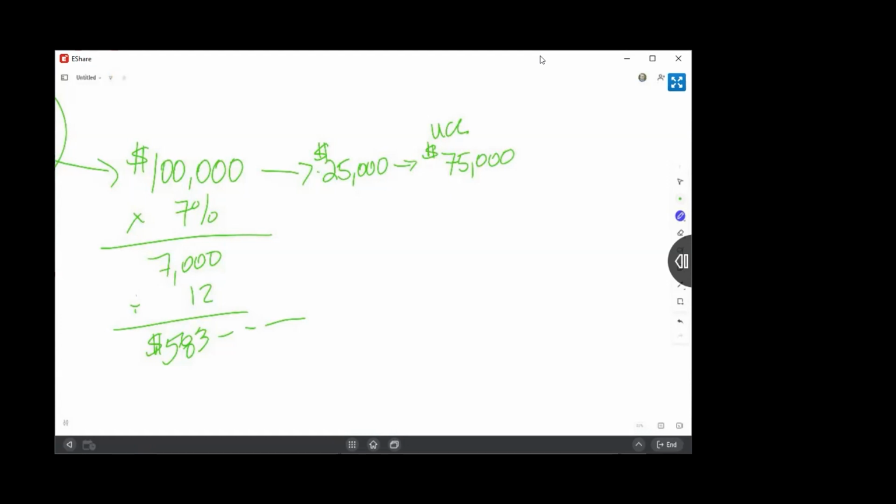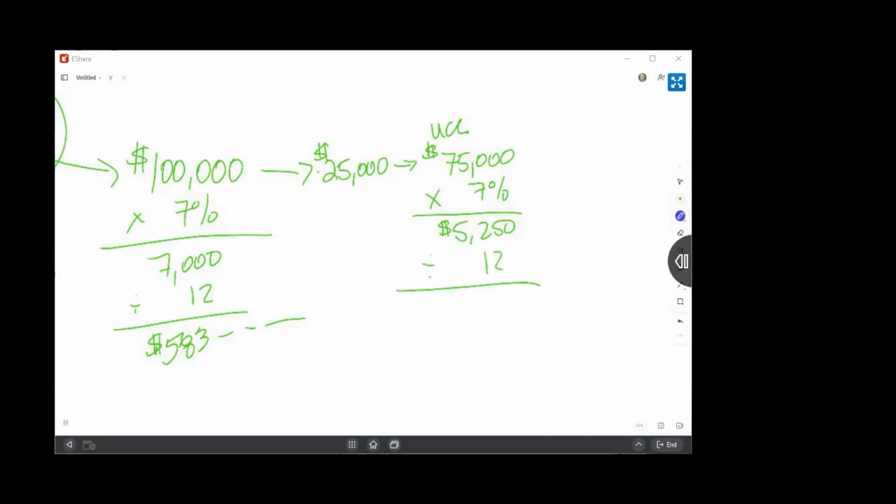All right. So now we have this $75,000, and the $75,000 at 7%, because we have this 7% preferred return that we're spinning off of, is now going to be $5,250. So you take that $5,250 and divide it by 12.